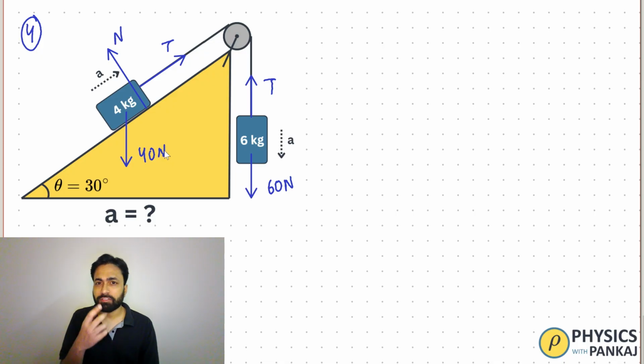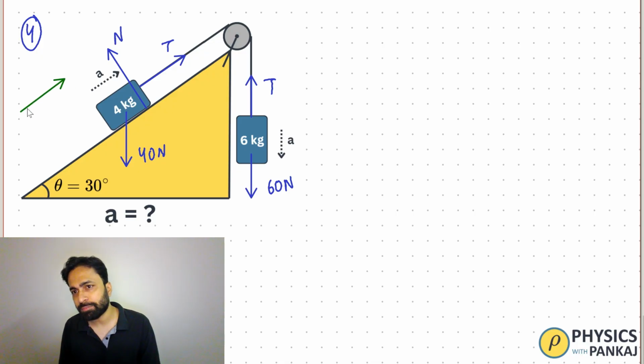Now, since force is a vector quantity, we cannot deal with these three forces as is. We would first need to choose our positive x and y directions. The logical way to go about it would be to choose the direction up the incline as positive x axis and then the perpendicular direction as the positive y axis.